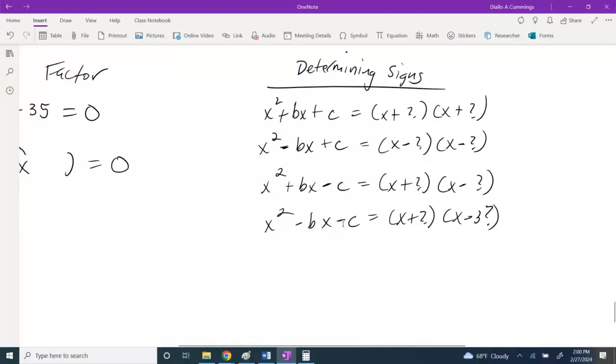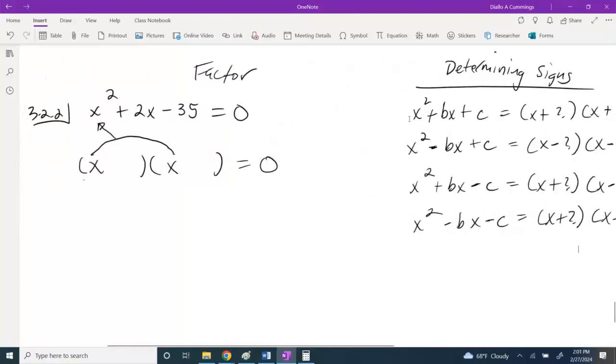If your last term is negative, it doesn't matter what the sign of your middle term is. One of those numbers is always going to be positive, and one is always going to be negative. So if we look back at our problem, our last term is negative, so one of those numbers is positive and one of those numbers is negative.